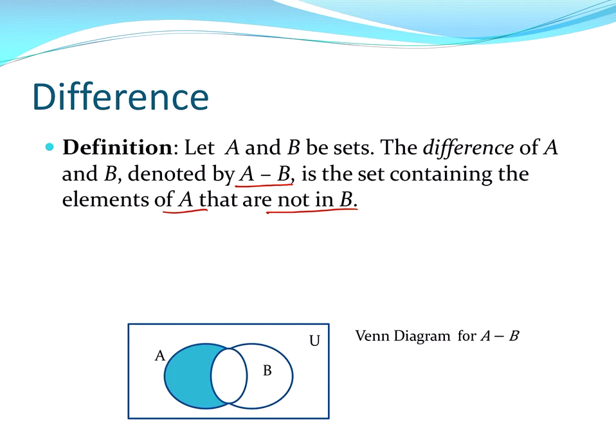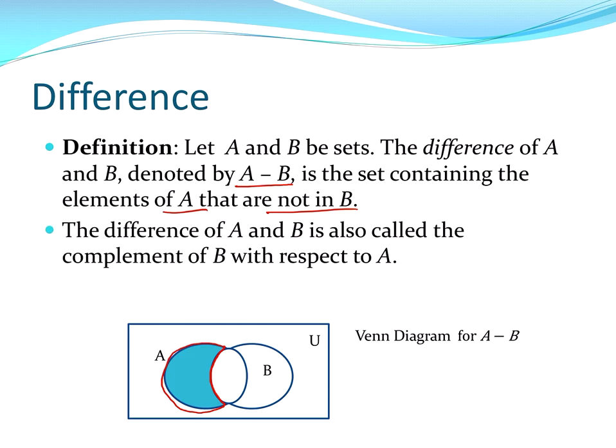And here's our Venn diagram with A, the elements of A that are not in B. So it's also A minus the intersection of A and B. It's the complement of B with respect to A rather than with respect to the universal set.